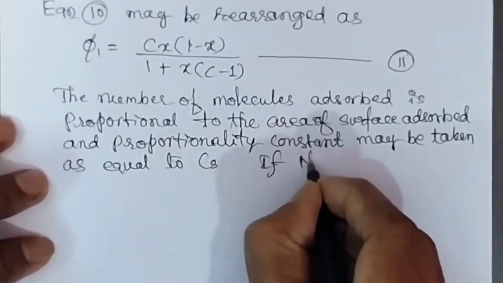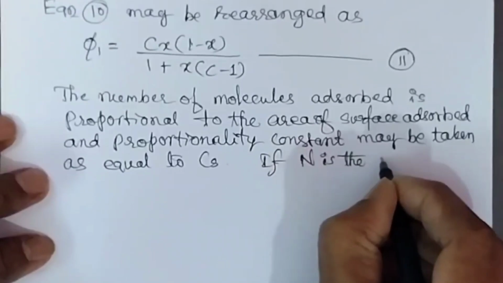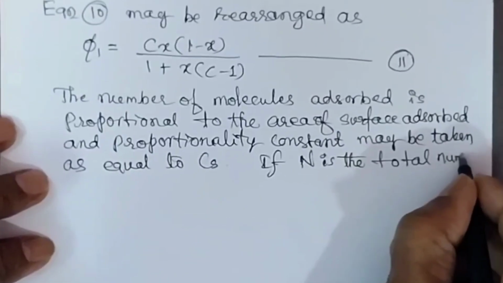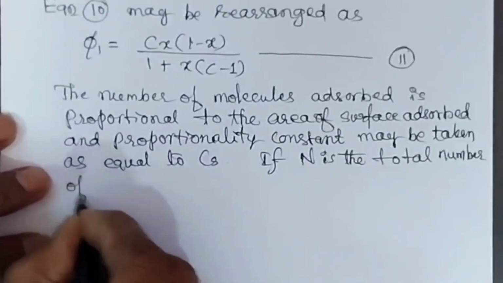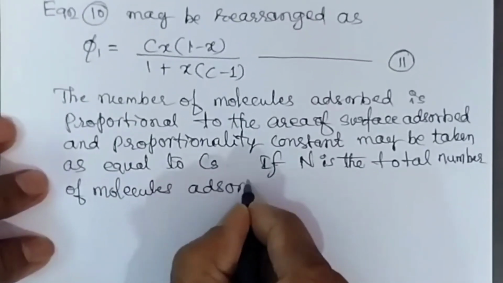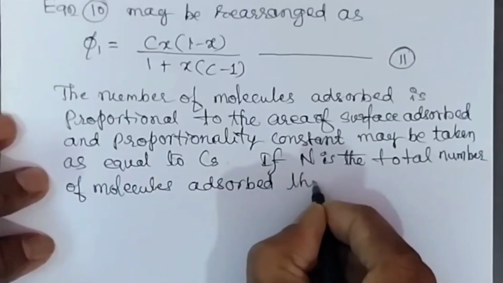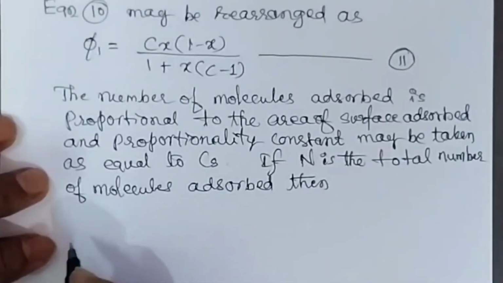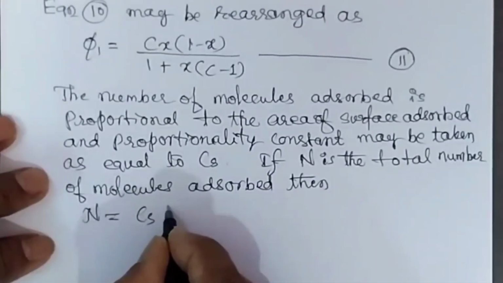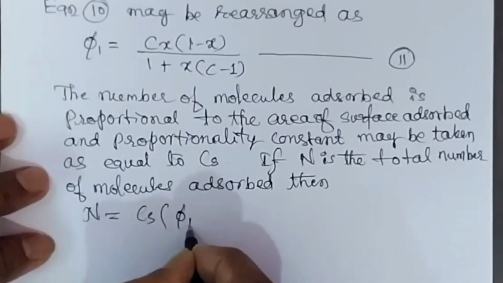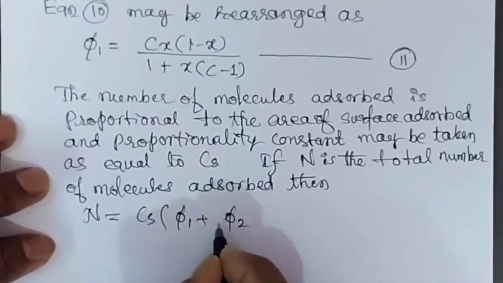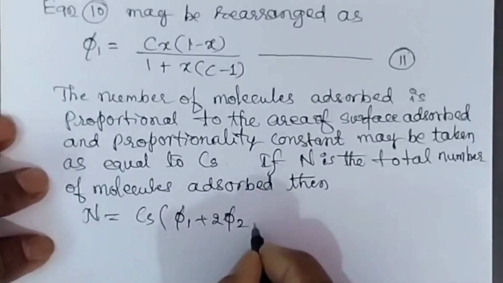if n is the total number of molecules adsorbed, then n equal to Cs proportionality constant, then area of first layer and area of second layer multiplied by 2, as there are 2 layers.